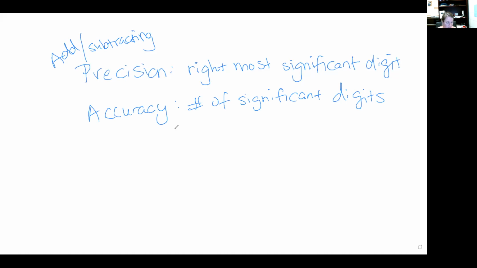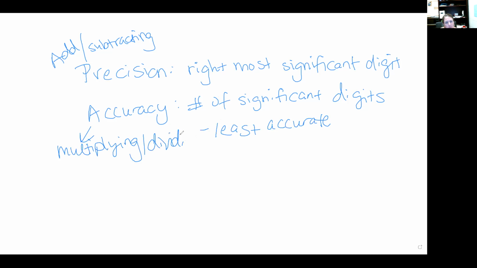It is a measurement of numbers that refers to the number of significant digits that it contains, so it also means the least accurate. So this is based off the number of significant digits, and this is when you are multiplying and dividing. So you'll see what I'm talking about in just a minute.